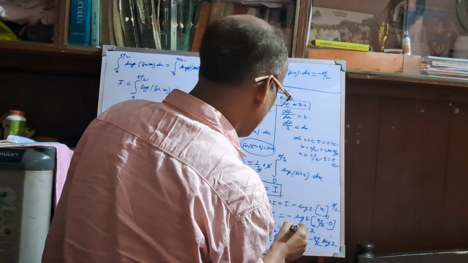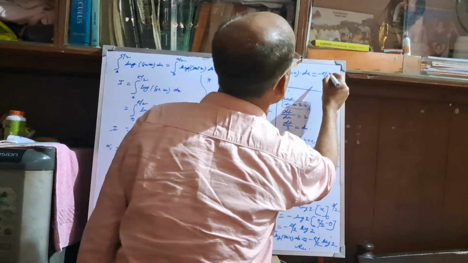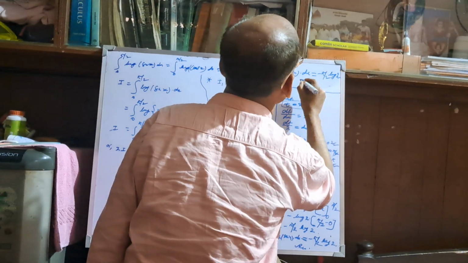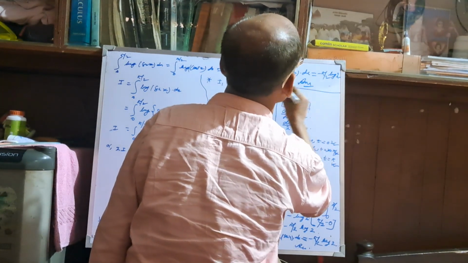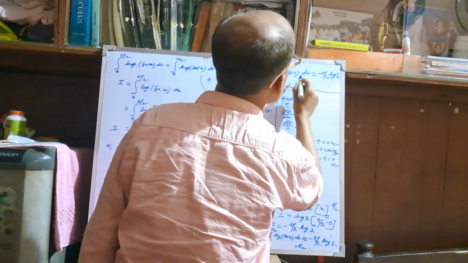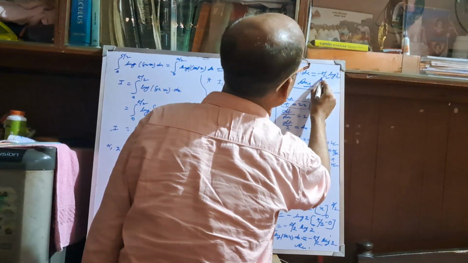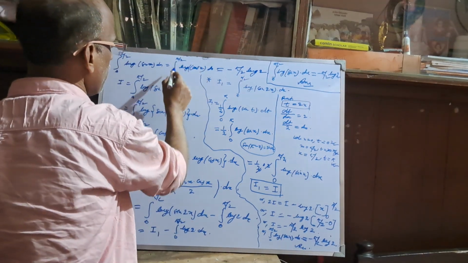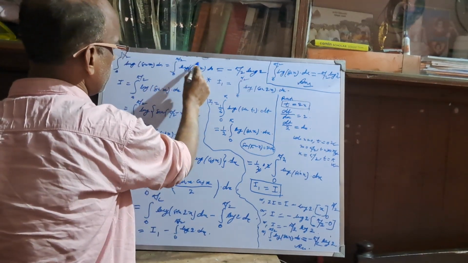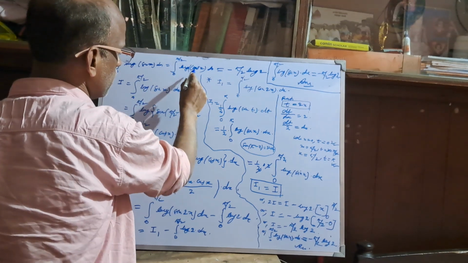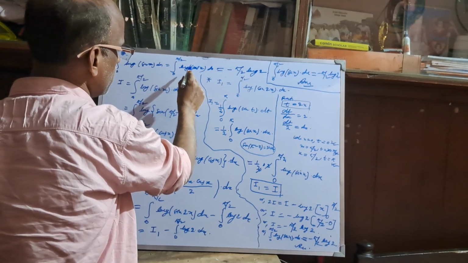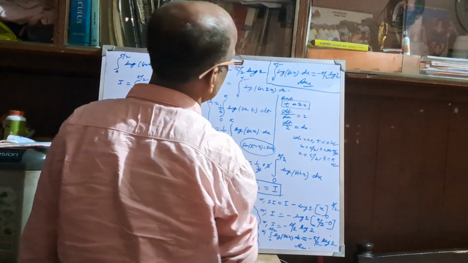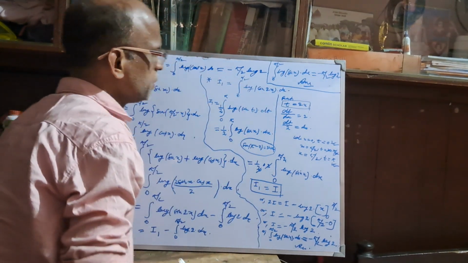Okay, that is the final answer. In a similar way, you can evaluate this definite integral also, but you will get the same answer, minus pi by 2 log 2. Okay, that's all for this sum. Fine.